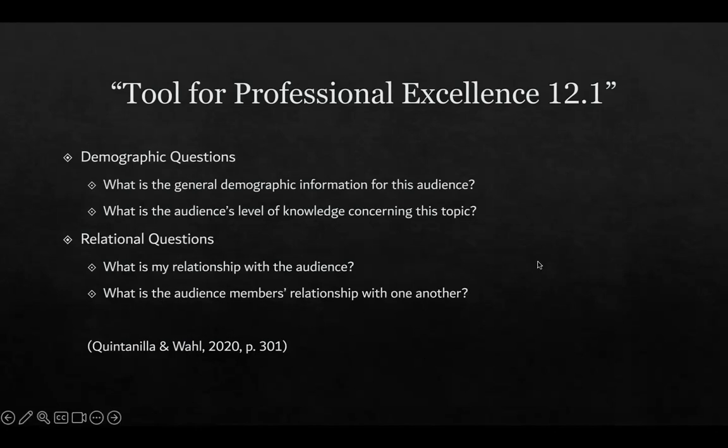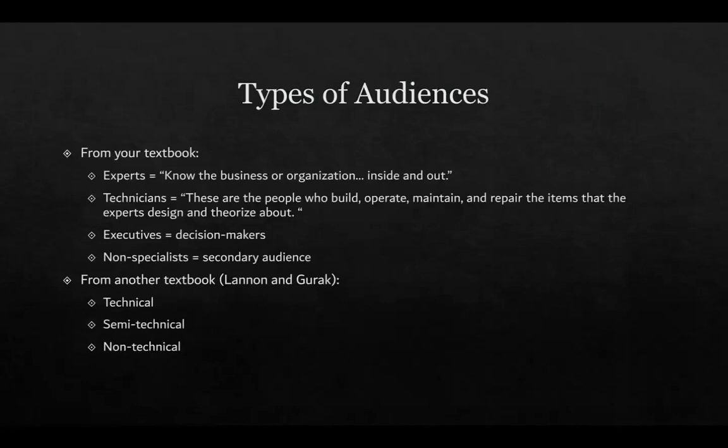But let's get into what we mean by types of audience in technical writing. So from your textbook, the one by Allison Gross and her colleagues, they break it down into 4 categories, which I think are good for thinking about business or workplace technical writing. But they say there's experts who know the business or organization inside and out.